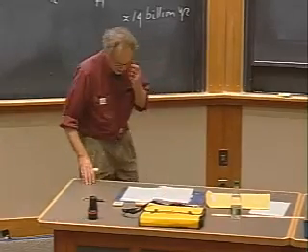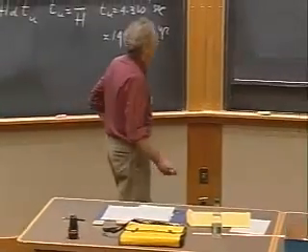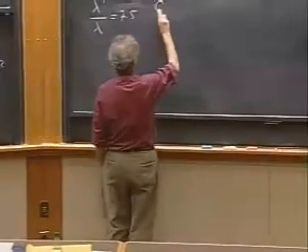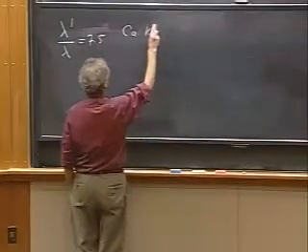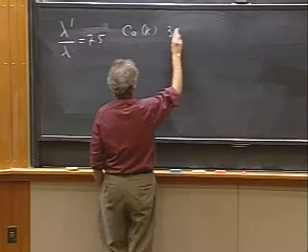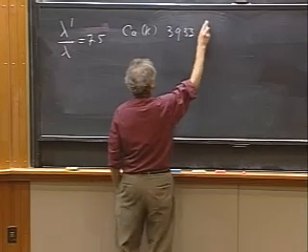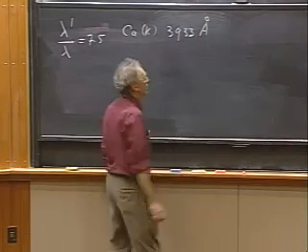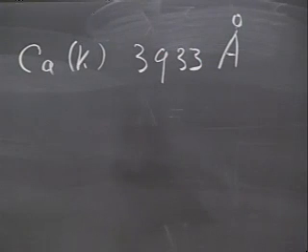What is also interesting is that, remember, I mentioned the calcium absorption line, the K line, was roughly at 3,933 angstroms.